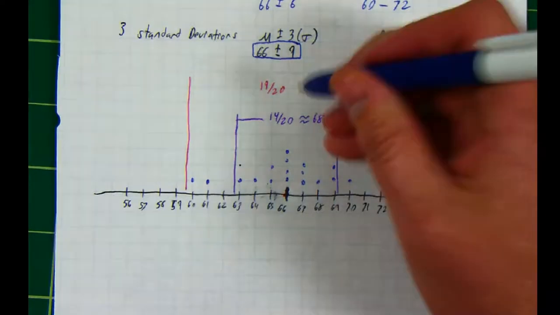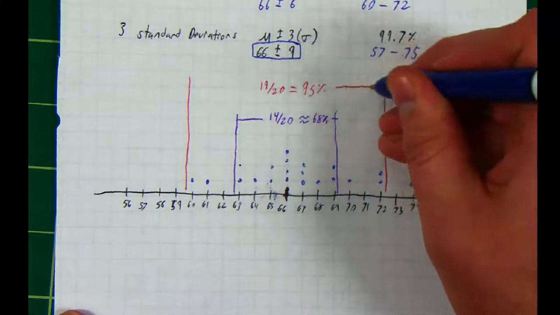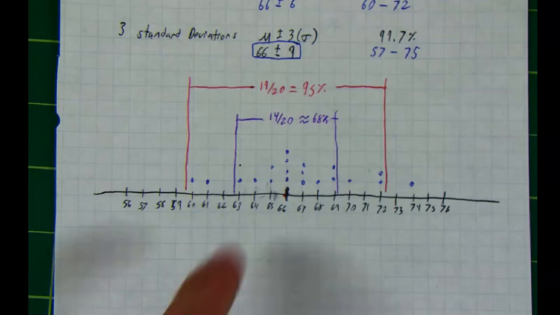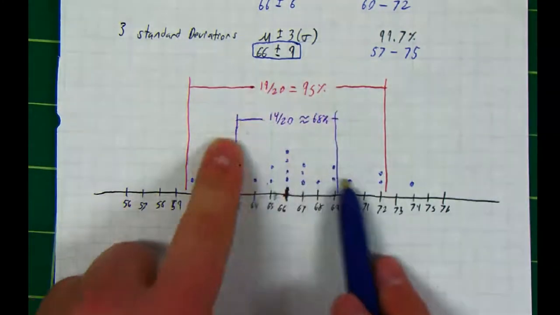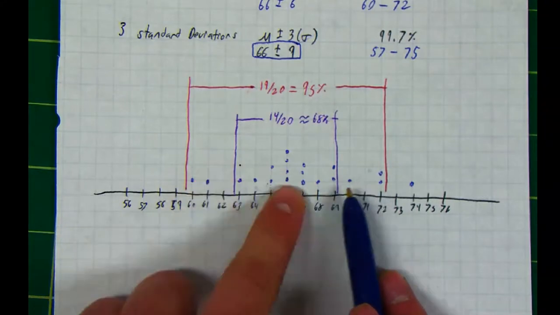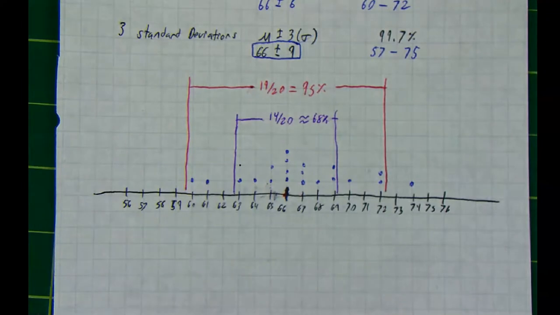And 19 divided by 20 is exactly 95%. When I say that 2 standard deviations represents 95% of the population, what I mean is 95% of my values will fall in between the range of 2 standard deviations, adding 3 twice and subtracting 3 twice.